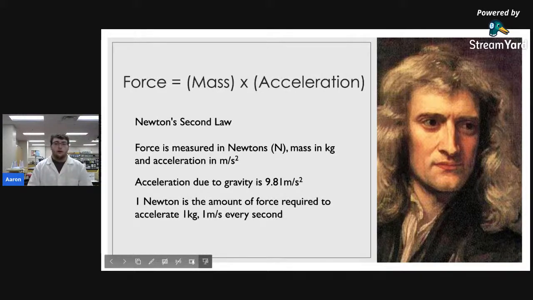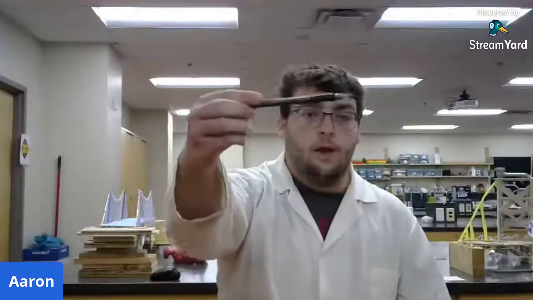Acceleration due to gravity here on Earth is 9.81 meters per second squared, which means that if I take an object such as this pen and I drop it, the pen accelerates at 9.81 meters per second.